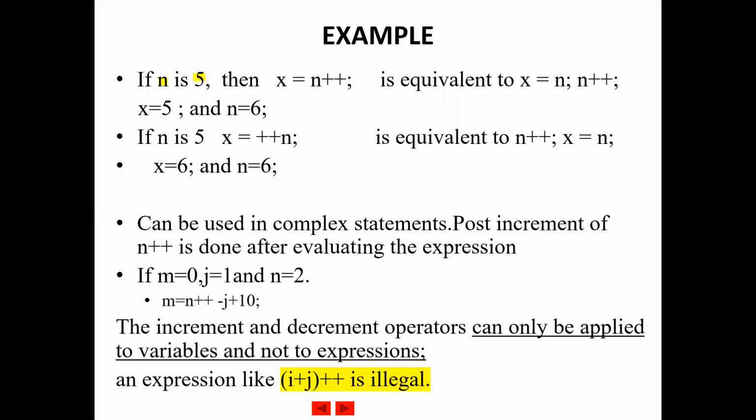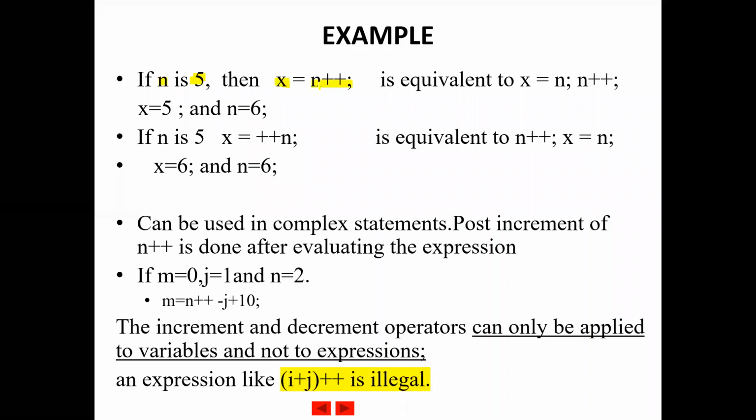Here the value of n is 5. I'm going to assign the value of n to a variable x equal to n plus plus, using postfix increment. So I am incrementing n with a postfix operator.